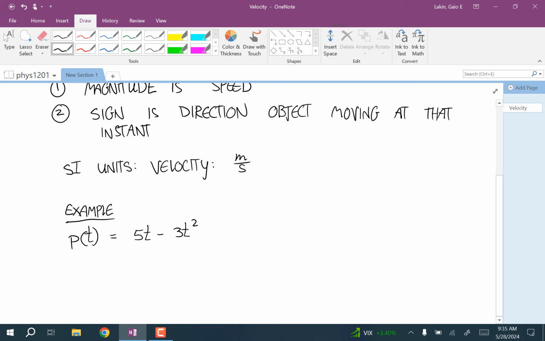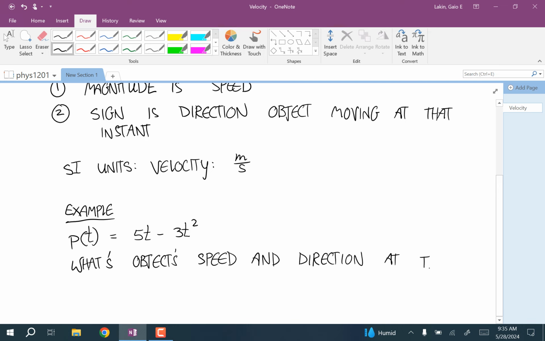And the question is, what's the object's speed and direction at time t equals 6 seconds?